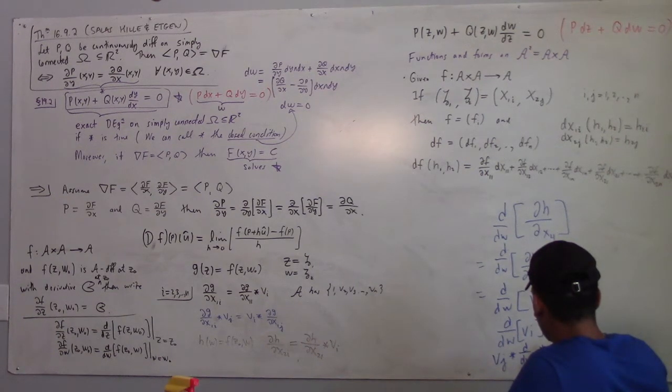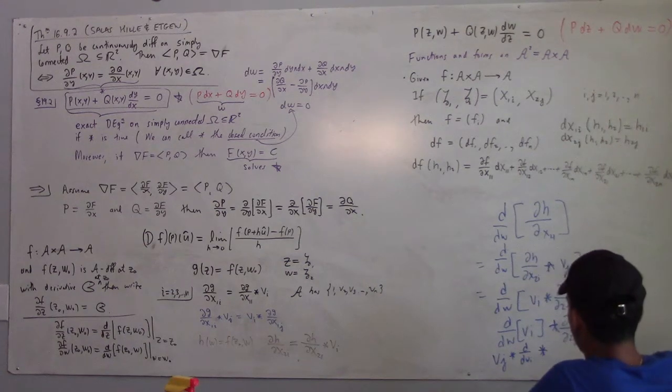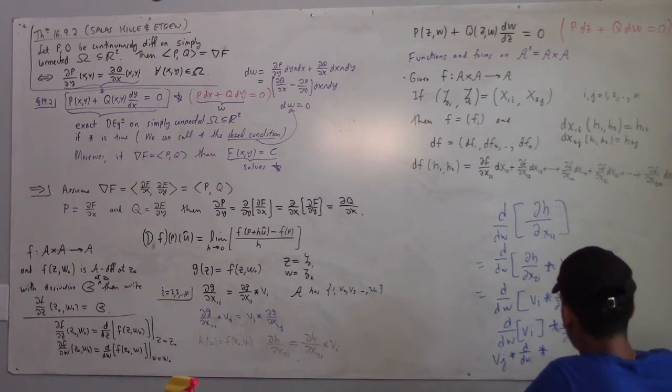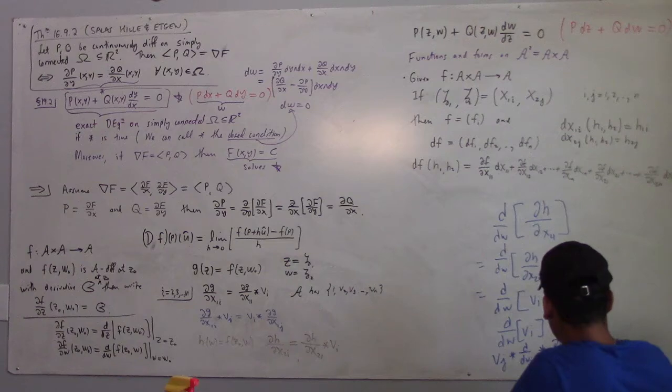I would start with something like partial squared f, partial z, partial w, or whatever. I don't see how this is going to commute no matter what.